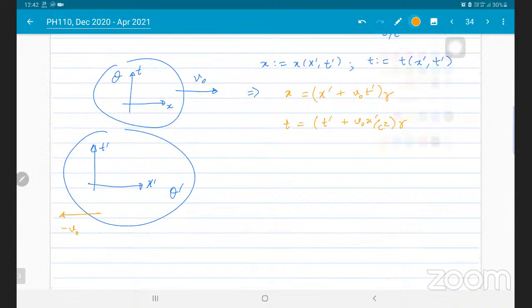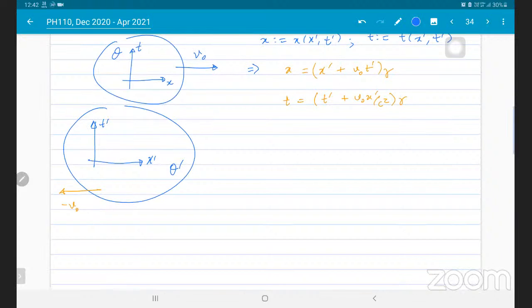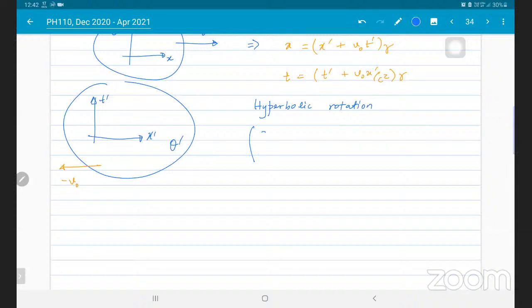And so last time I mentioned to you that this Lorentz transformation can be thought of as a hyperbolic rotation. It is a hyperbolic rotation. And what are the coordinates? Your coordinates are x prime and ct prime. Why do we multiply by c?